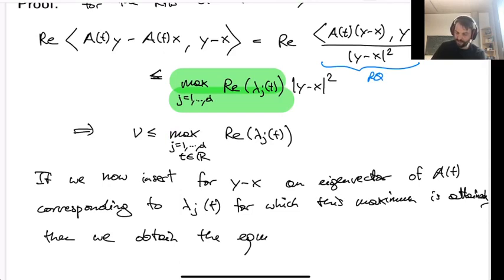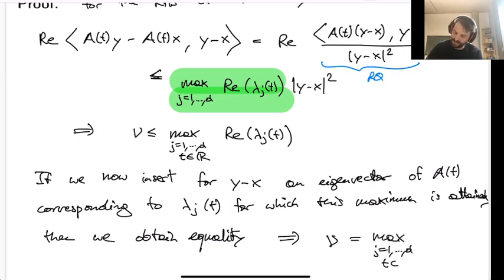So then we obtain the equality. And so nu is in fact not just less than or equal to, but it's equal to the maximum over j equals 1 to d, over all t in R, of the real part of lambda j.